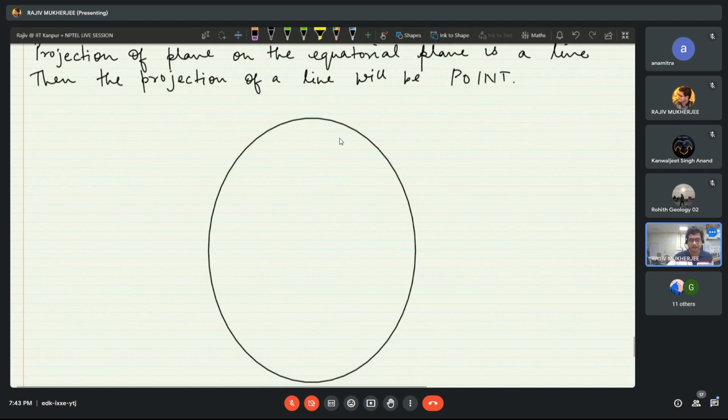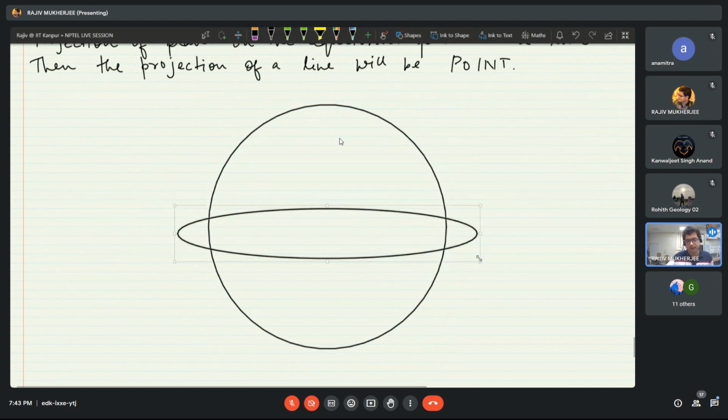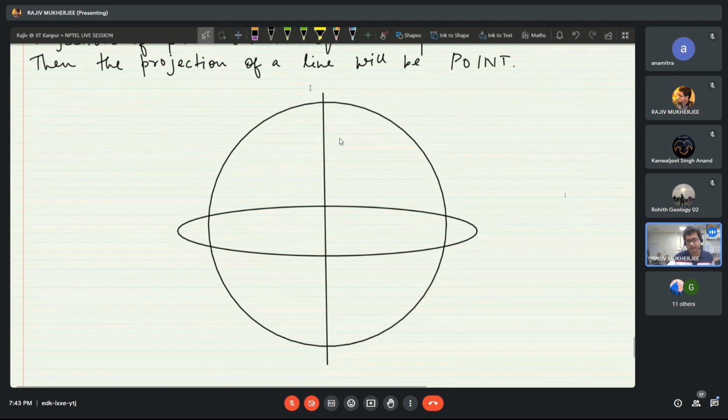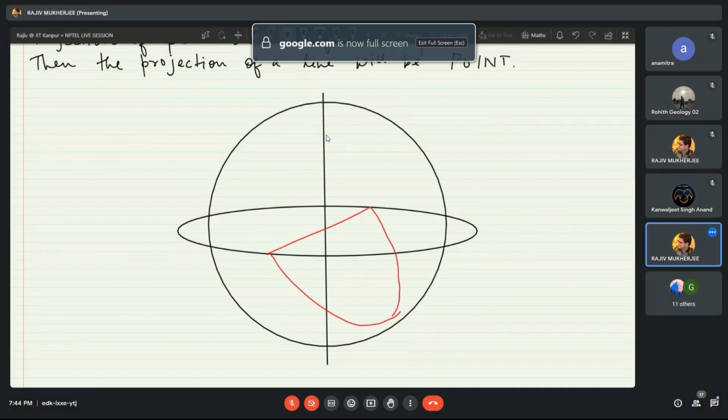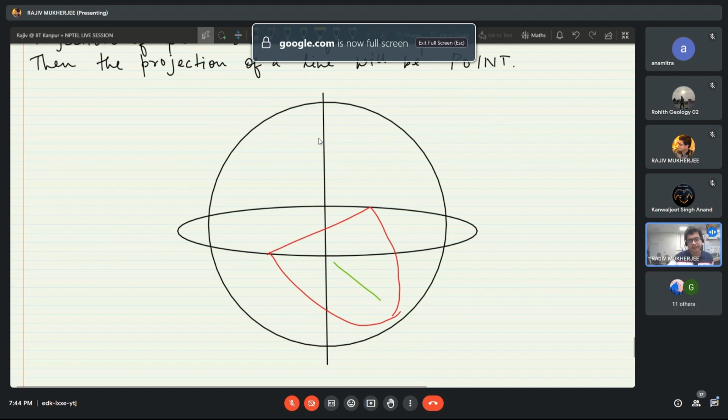So again, if this is our sphere and this is our equatorial plane, and this is the central line, the axis, and here we have a plane like this, and there is a line on this plane.